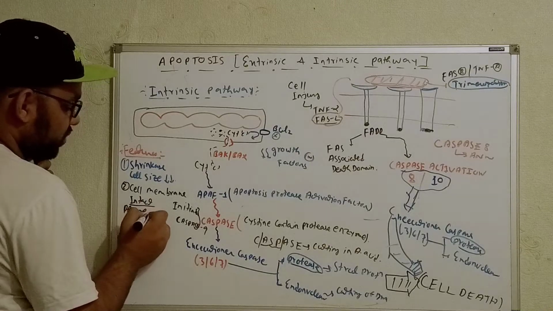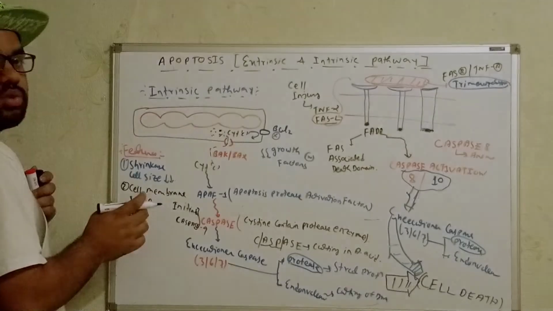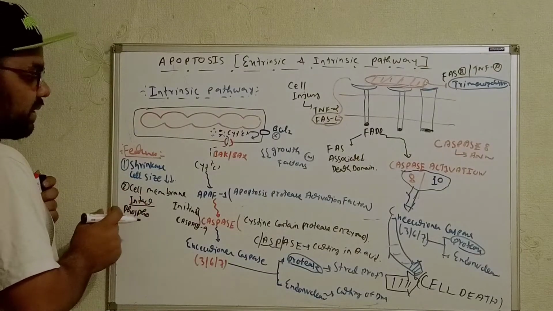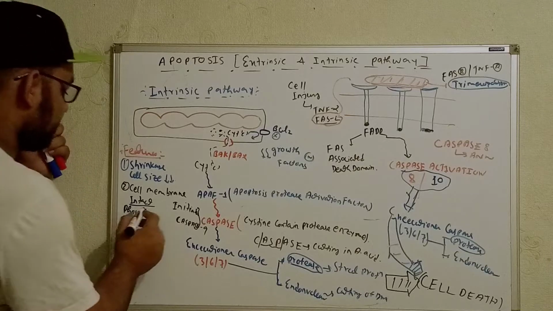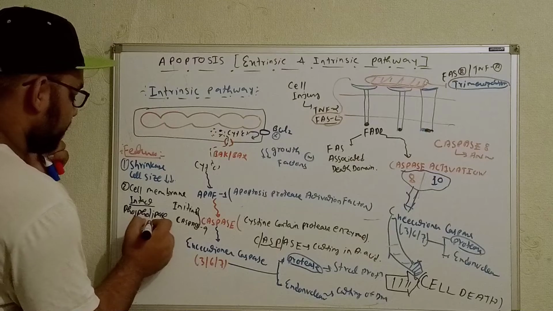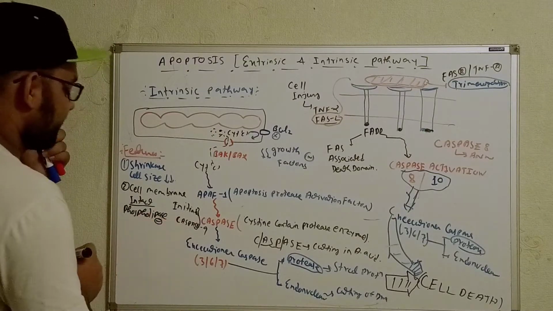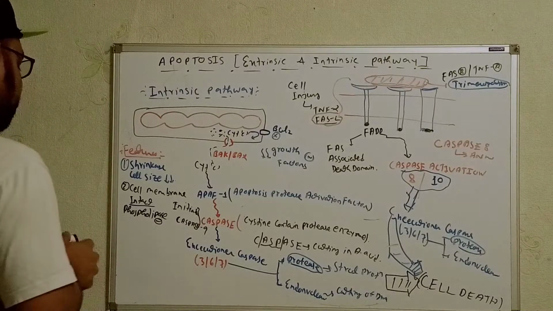We saw these activations of phospholipase in necrosis, but in apoptosis there is no such activation of the phospholipase enzyme. So as a result, there is no chance for cell membrane damage.